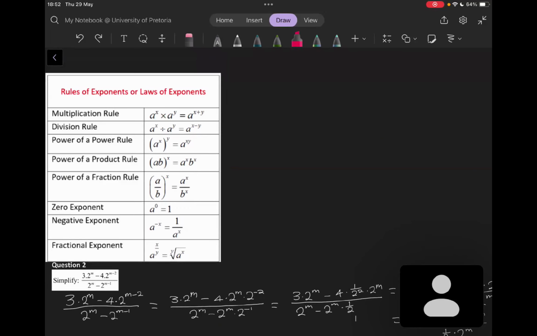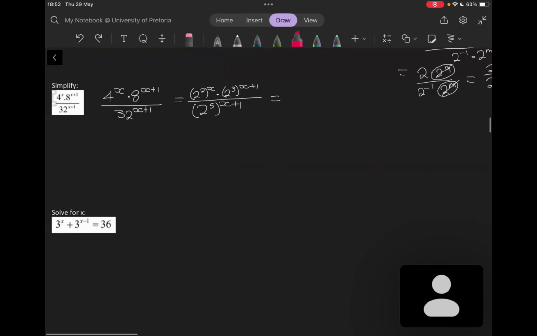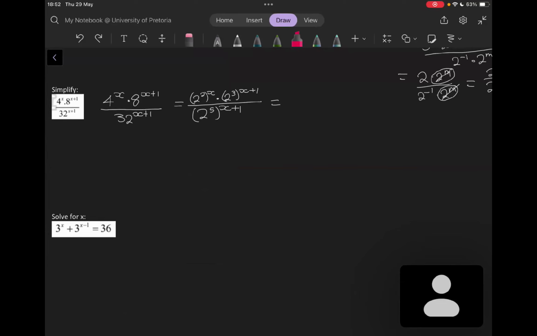So please take a screenshot if it would help you. Otherwise, you can just do a simple Google search and find the law of exponents written out for you. Let's go on to simplifying this question.